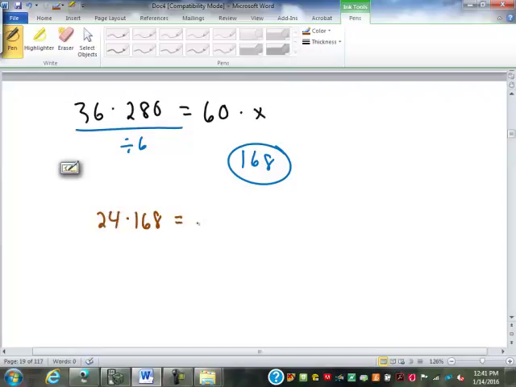So 24 teeth times 168 equals, we don't know the teeth for gear A, but we do know it's at 144 RPM. So we multiply 24 times 168 and divide by the 144, which is going to give us, what, 28? So gear A has 28 teeth. So the key there is figuring out where to start. You have to find the one piece that you have both pieces of information for.